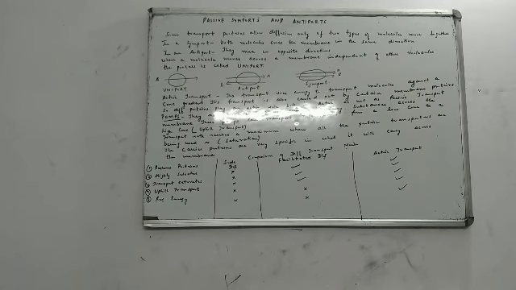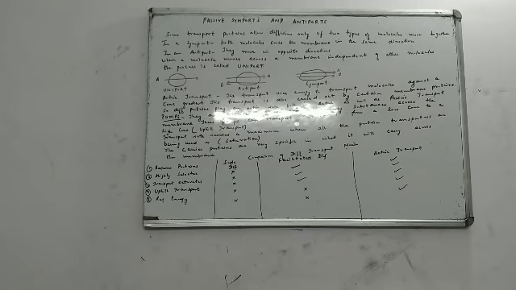Simple diffusion is not very selective, so I put a cross. But facilitated diffusion and active transport are selective in nature, so we have put a tick in front of them. Third is the transport saturation. Does it come or not? In simple diffusion, saturation point was not there, we had not discussed it. However, in facilitated diffusion and active transport, you will find this transport saturates.